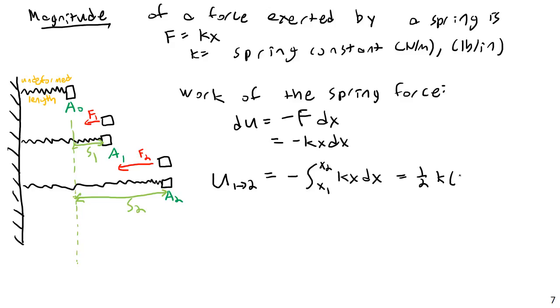The reason these are flipped is that the negative disappeared because these flipped around. Normally we'd have upper bound minus lower bound, but when I move the negative in there, it flips. Okay, let's see.